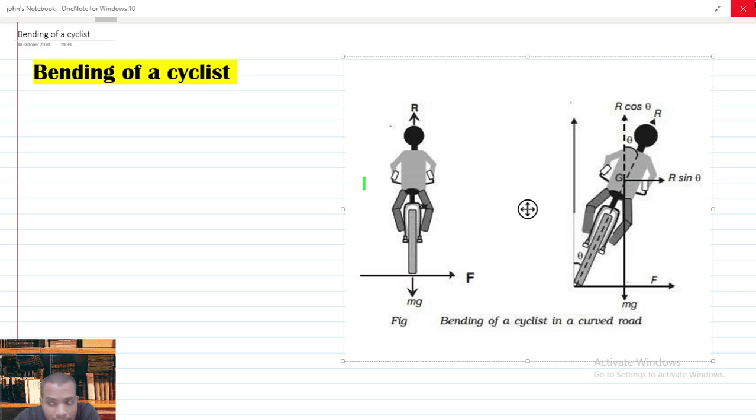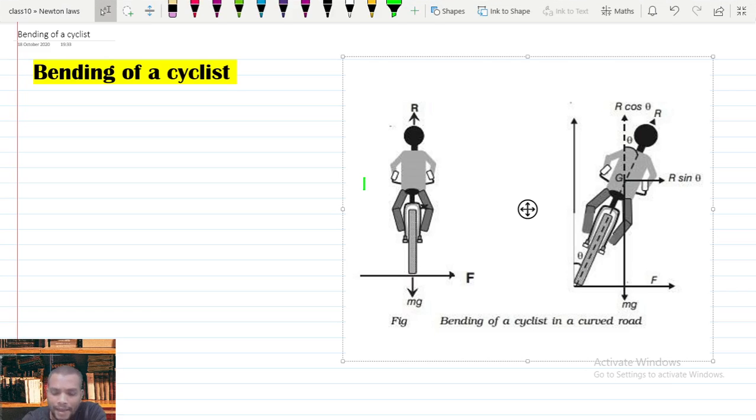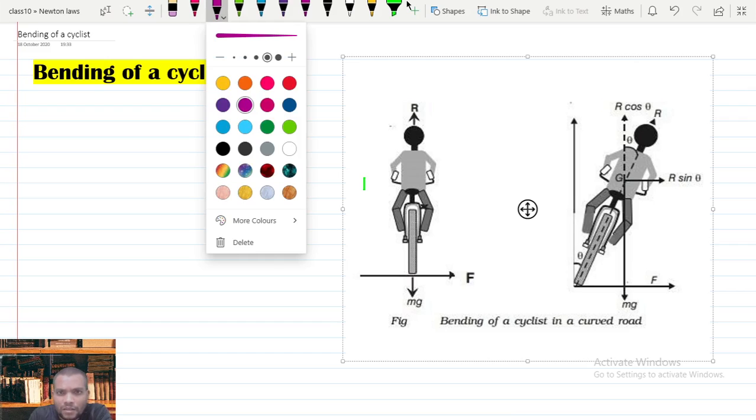So the cyclist going around a curve leans inward, depending upon the direction of the curve. He leans inward towards the curve because the horizontal component of the normal reaction provides the necessary centripetal force. As you see in the free body diagram of a cyclist, this is case A when it is moving without a curve.